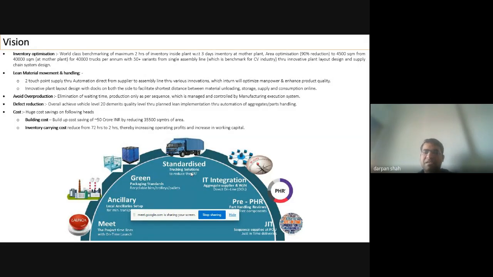And finally, going ahead with the lean concept, we need to drive JIT. JIT is basically just-in-time supply of the required bill of materials, parts, and aggregates to the point of use. POU is basically the point of use.